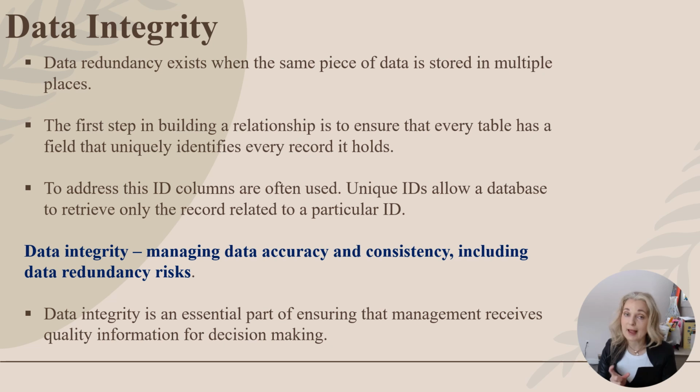So you have to have a column with a unique ID or something along those lines. And to address this, ID columns are often used, and unique IDs allow a database to retrieve only the record related to that particular ID.